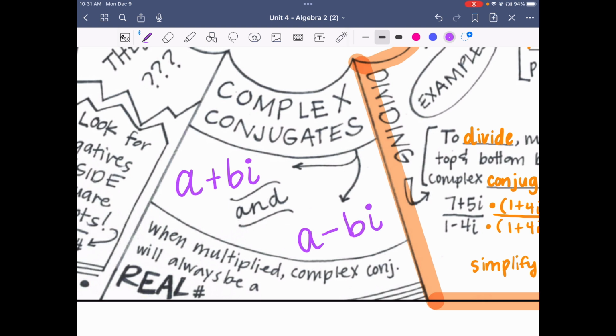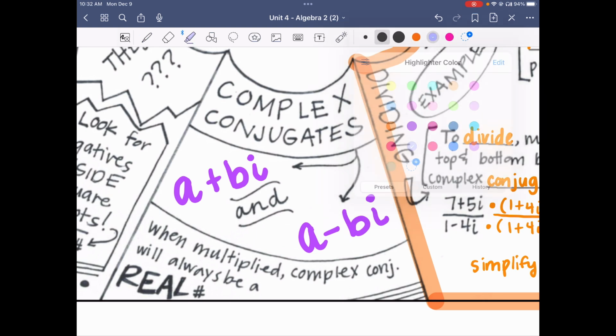These would be our complex conjugates. And I do want to emphasize this part here, which says when multiplied, complex conjugates will always be a real number because the i's will always cancel out here.